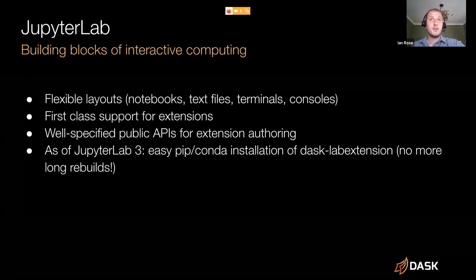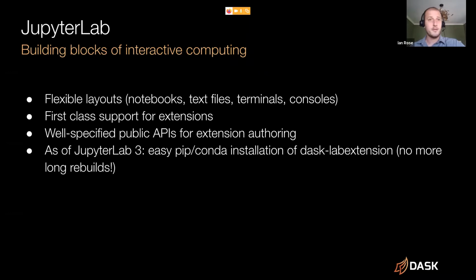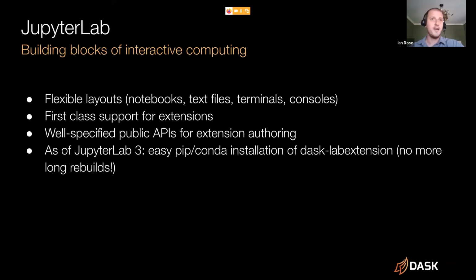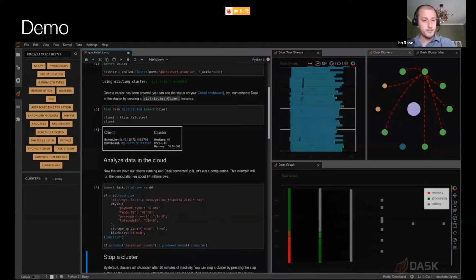As of JupyterLab 3, it has become very easy to pip or conda install extensions. It's fast. You don't have to know anything about JavaScript. That's largely due to the heroic efforts of Steve Sylvester, who's currently at Apple. So if you have tried out the Dask Lab extension before and found it kind of a pain to install, give it another shot.